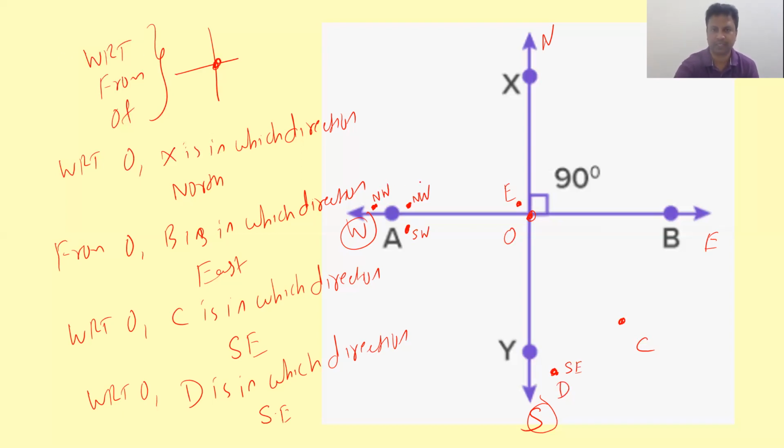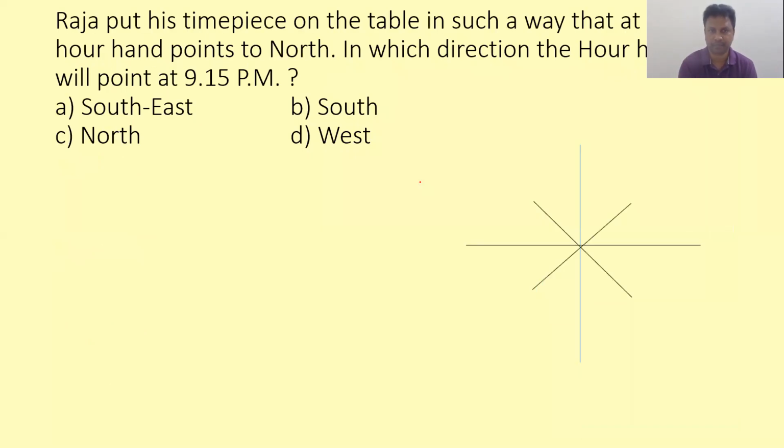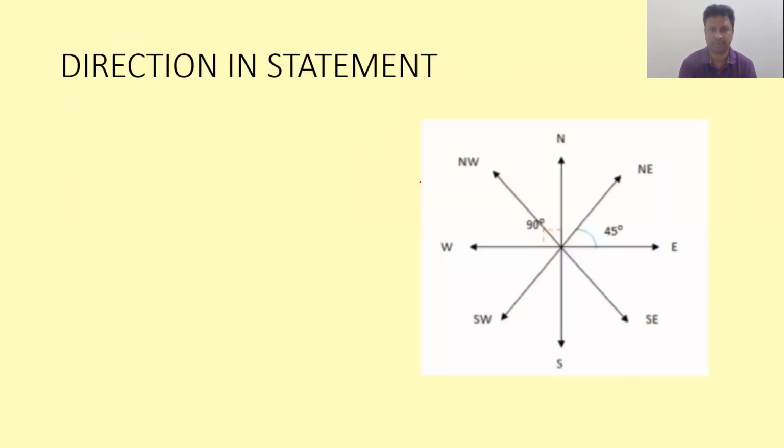If it is given in statement format, for example, with respect to A, B is in the southeast direction. With respect to, from, of means you make that point the middle point.